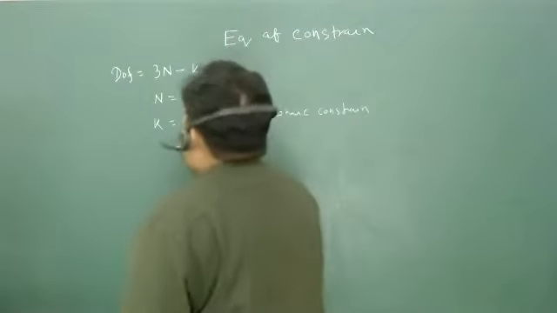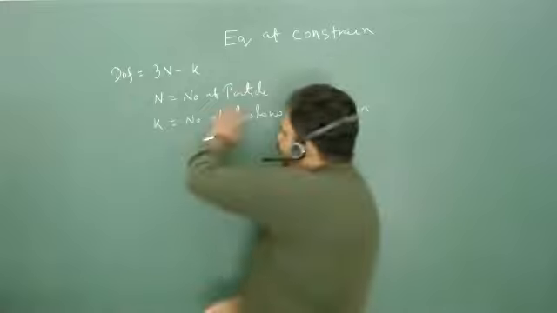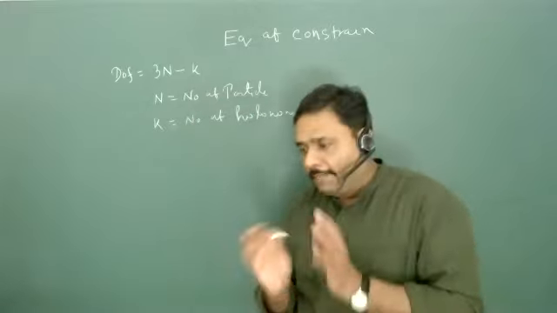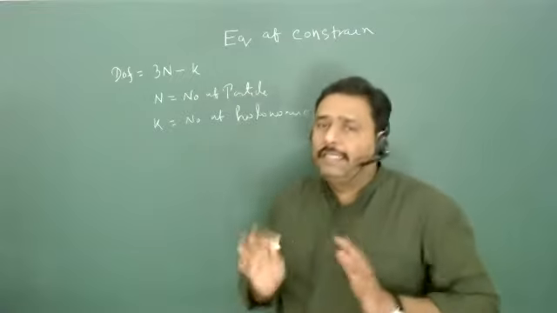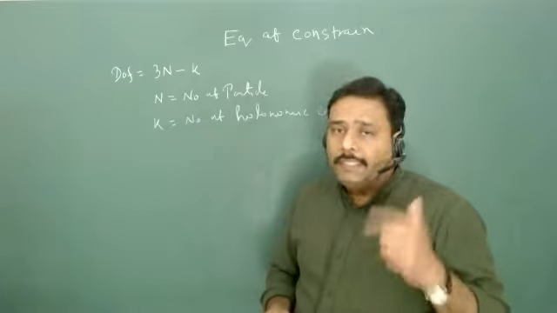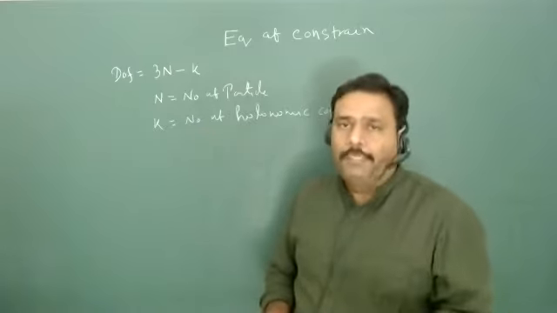Now look at this thing very carefully. Right now, I am just saying that n is the number of particles, but in some problems we have to redefine this n, depending on the situation, because the ultimate aim is to talk about degree of freedom, that is independent motion.